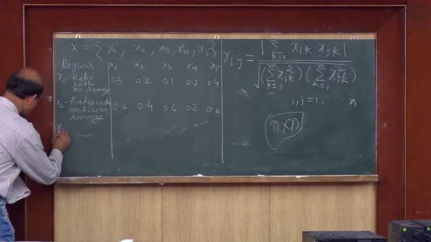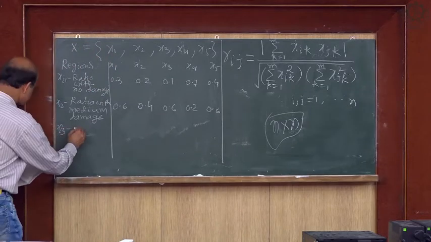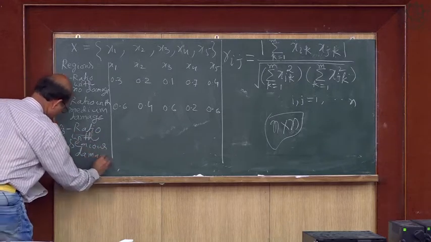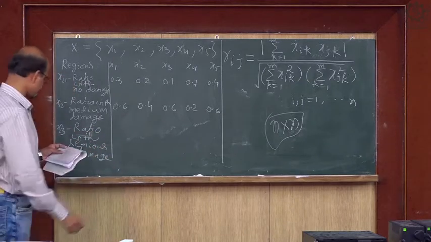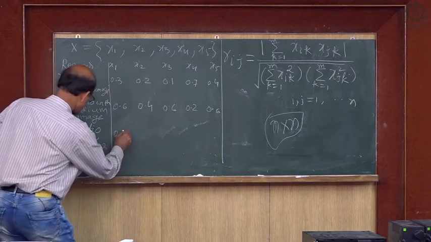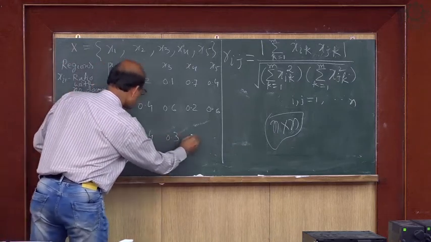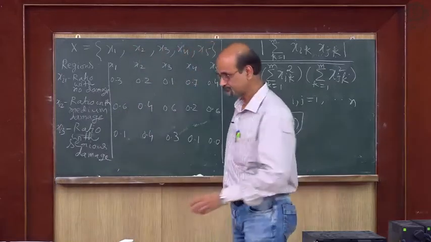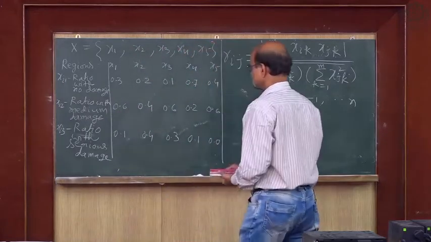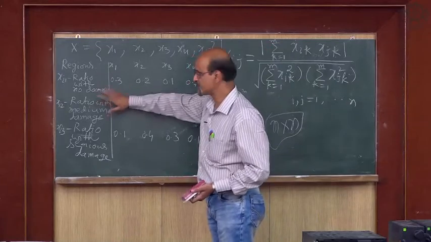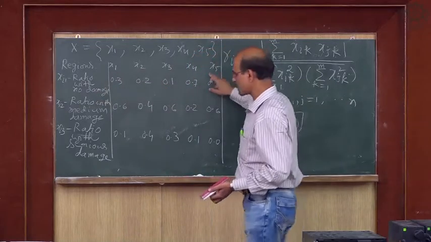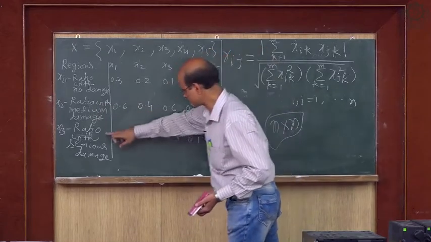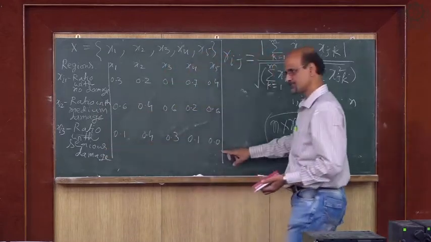Last is xi3, ratio with serious damage, and these are given as 0.1. So, these are the ratios with no damage for regions x1 to x5, the ratios with medium damage, and the ratios with serious damage.